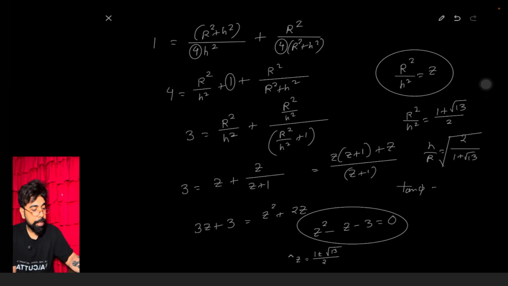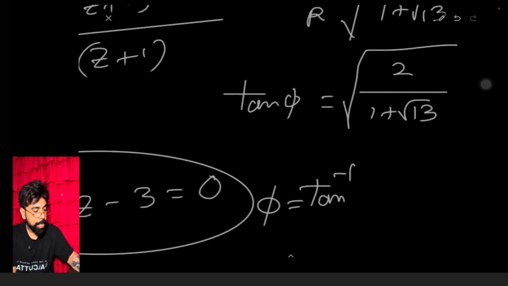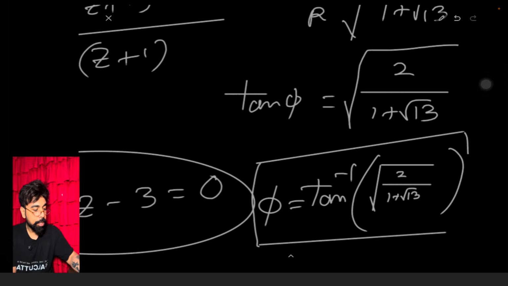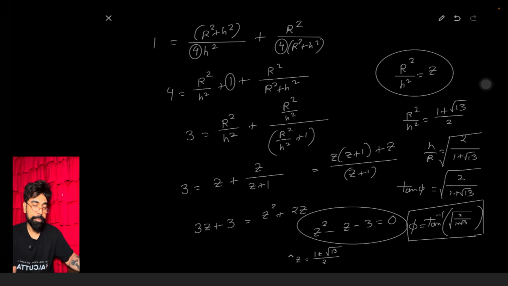So I am going to get tan phi is equal to root under 2 divided by 1 plus root 13. So phi, which is the angle of inclination of the inclined plane, is tan inverse of root under 2 divided by 1 plus root 13. So this is the inclination of the inclined plane.